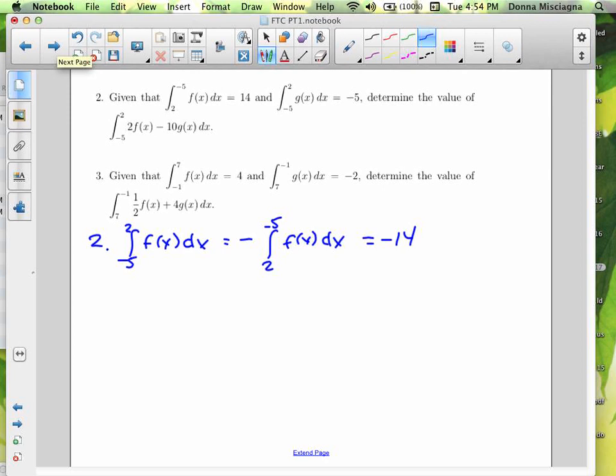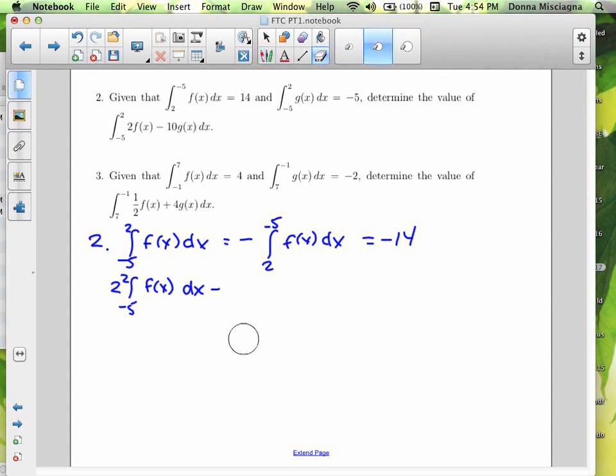So this is just going to be 2 times, I can pull the 2 out, the integral of f of x dx, and then it's just going to be what we get for, and again I can pull the 10 out, 10 times the integral of g of x.